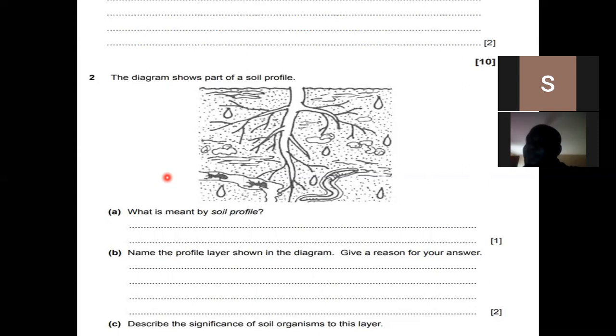If you know, then this question will be easier for you. Next question, describe the significance of soil organisms to this layer. What is the importance of soil organisms on the topsoil? Organisms are very crucial in agriculture. What is the importance of soil organisms in topsoil?